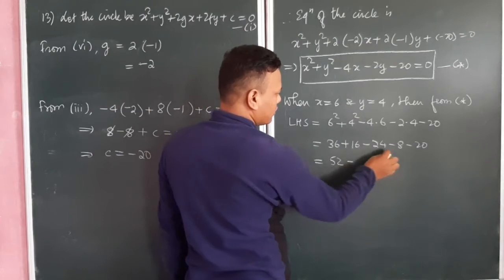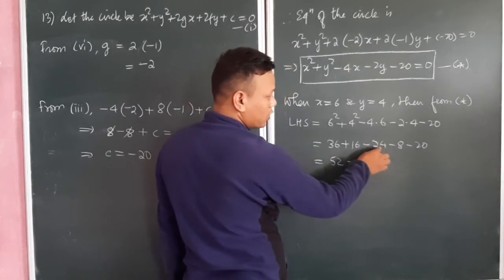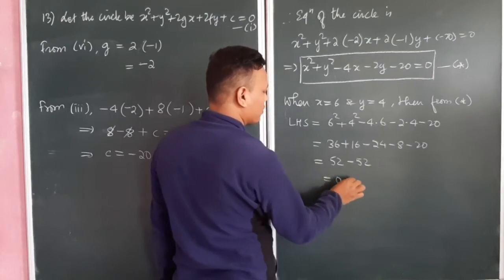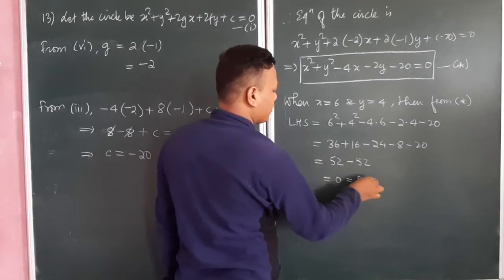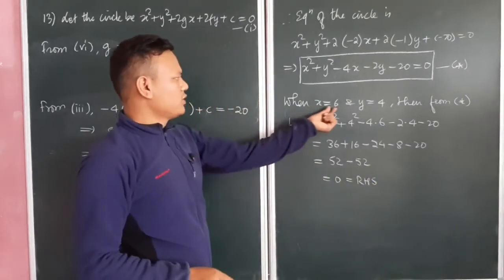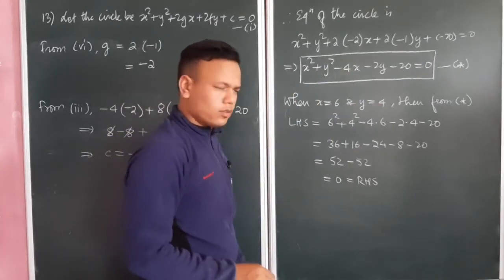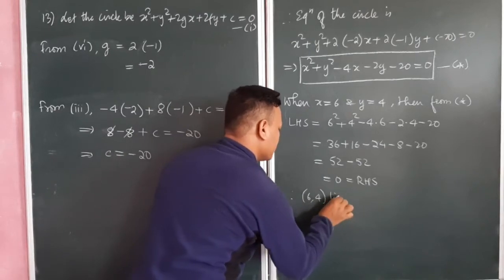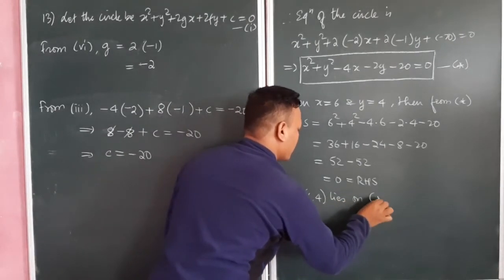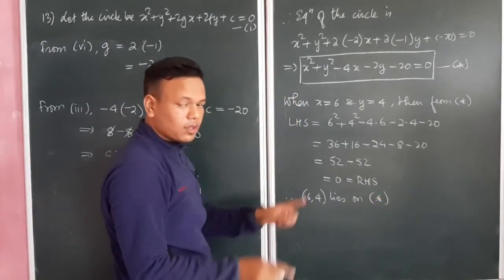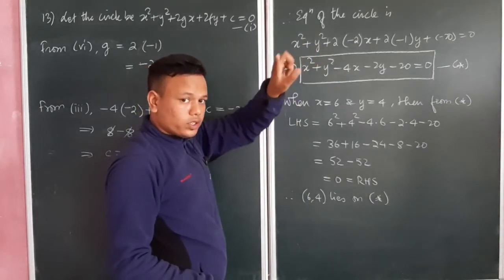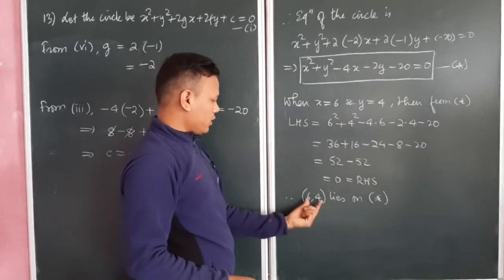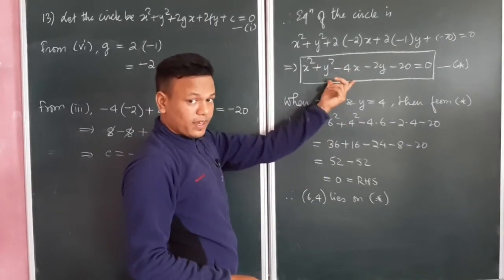Now let's add these. This gives me 32 and this gives me 52. So together it is 0, which is the right hand side. So this means (6, 4) lies on star. That means initially I used 3 points and constructed this circle, and this point is also satisfying this equation.